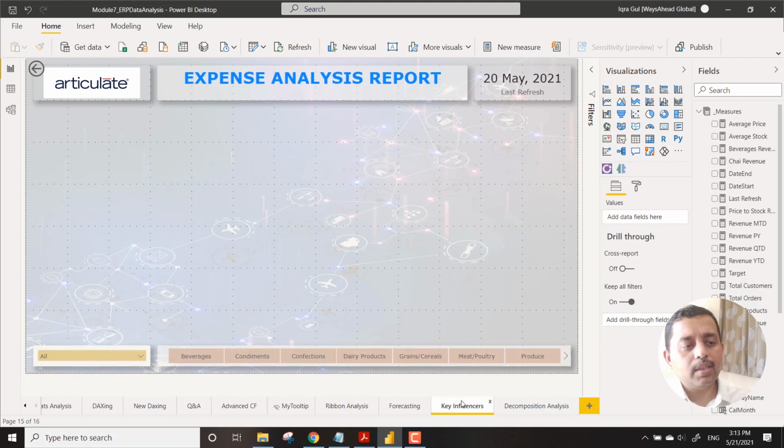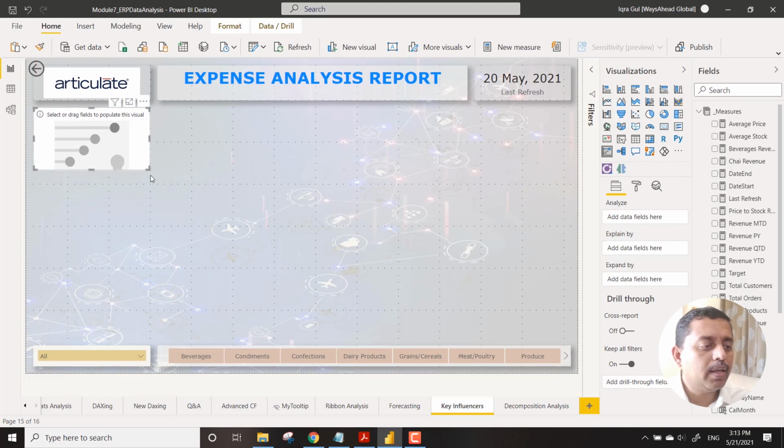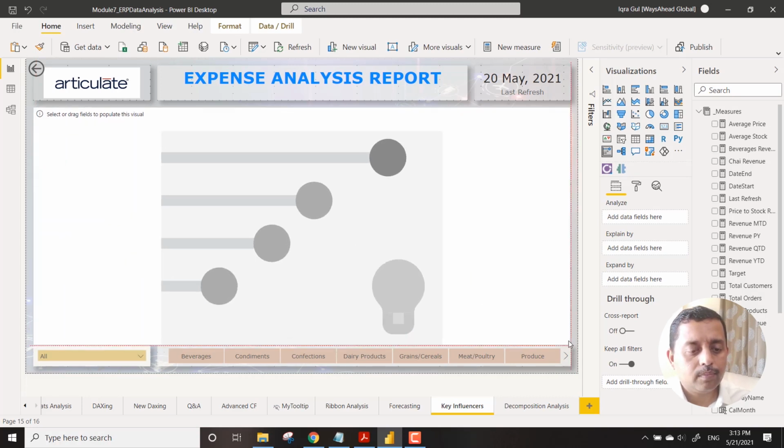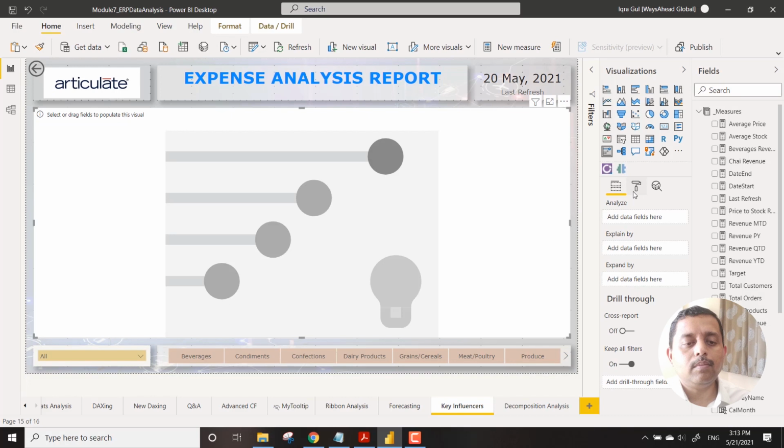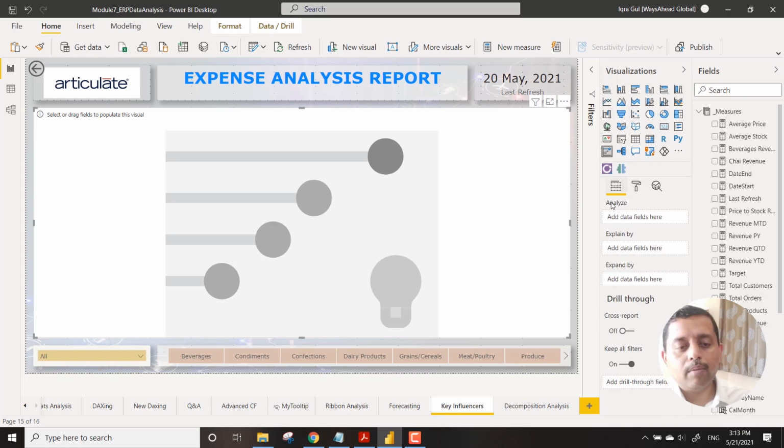We go to key influencers, with two very simple examples, but both of them are important. One is the key influencer. Key influencers and decomposition go almost hand in hand.